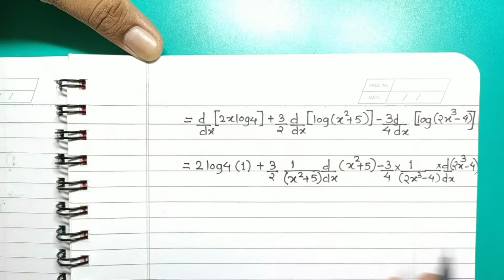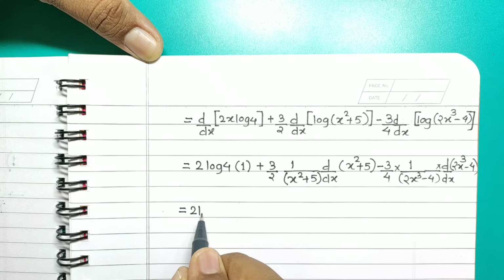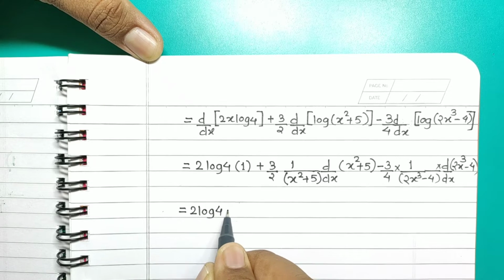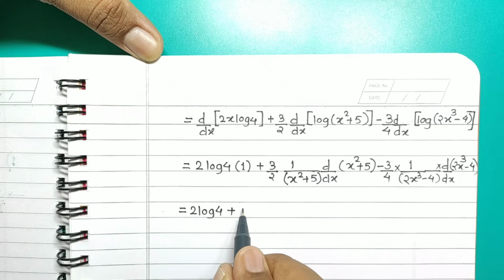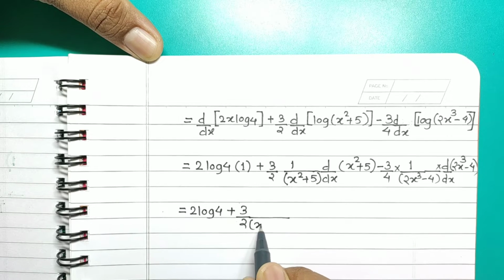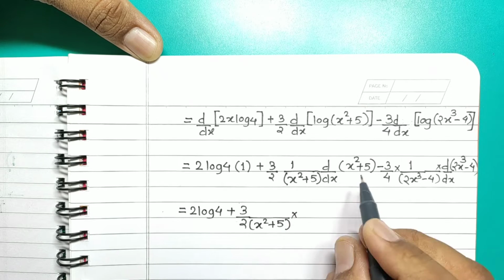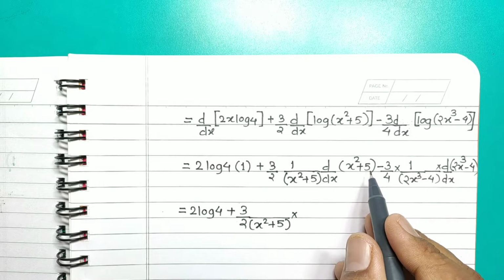So we have 2 log 4 plus 3 by 2 into x square plus 5 at the denominator, into the derivative of x square plus 5.